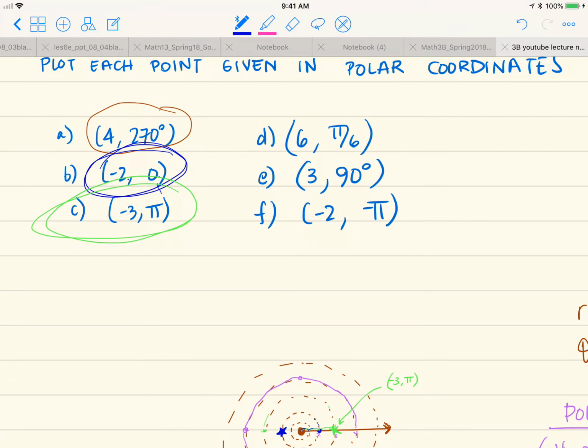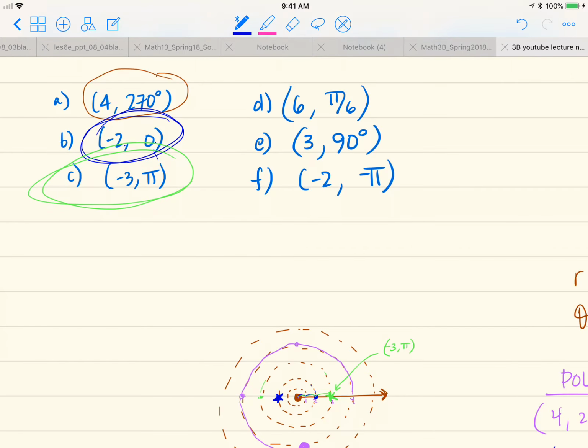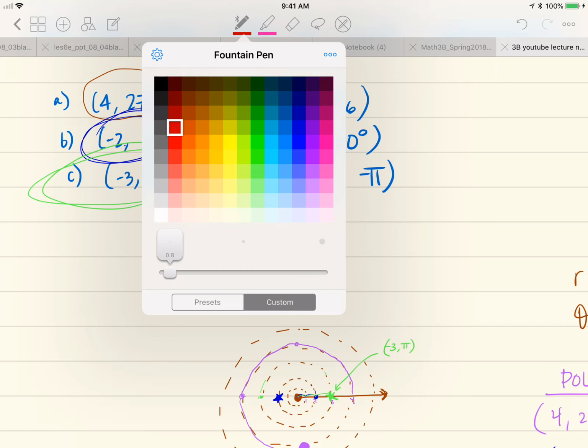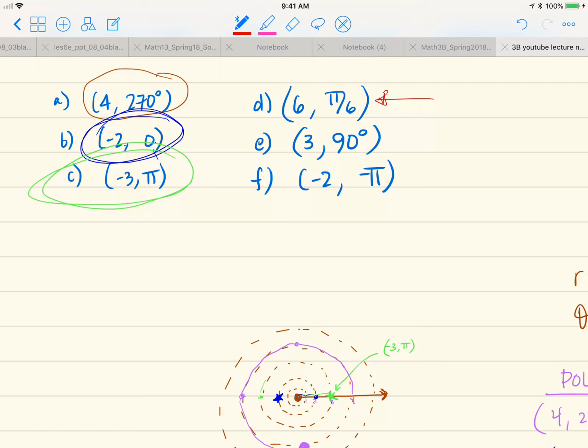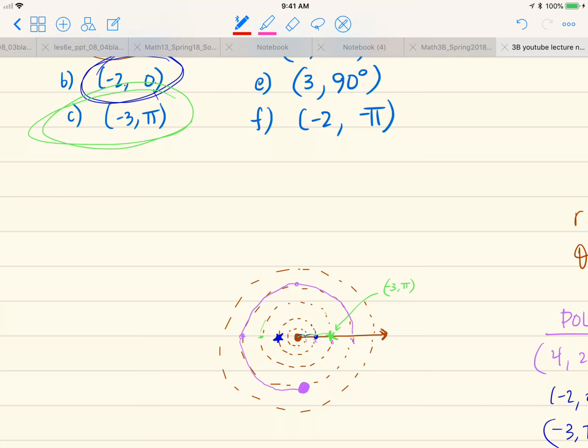Okay, what about 6 comma pi over 6? Let's pick a color for that. So I'm going to go out to 6. So 1, 2, 3, 4, 5. Oops, I need to go out one more. Here's r equals 6. I need to go up pi over 6. So if this is pi over 2, this is pi.